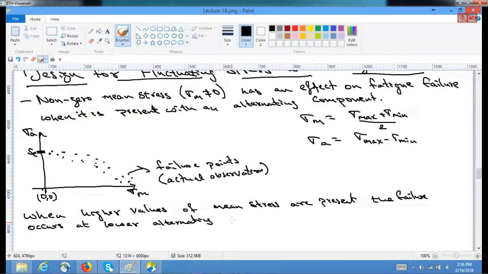See, this is the thing: at higher values of mean stress, it was failing at lower values of amplitude. So this is the observation from the experimental point of view.